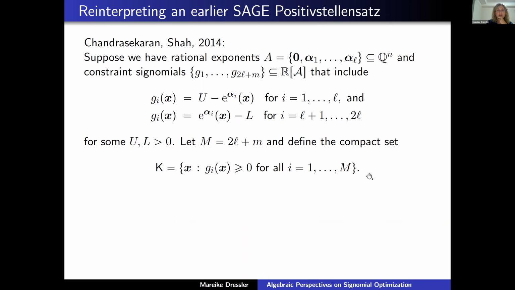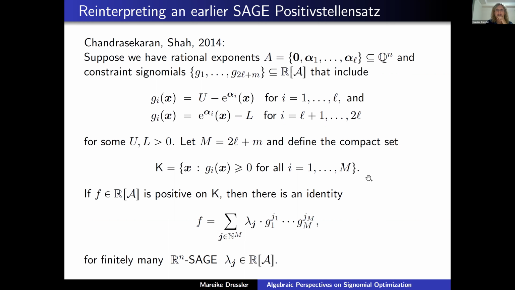And then a Positivstellensatz always says if you have a Signomial, or any kind of function, which is positive on a certain set, then you can write this function in a specific algebraic way. And their Positivstellensatz goes then as follows, namely, if you have f in the Signomial ring positive on this constraint set, then you have this identity.